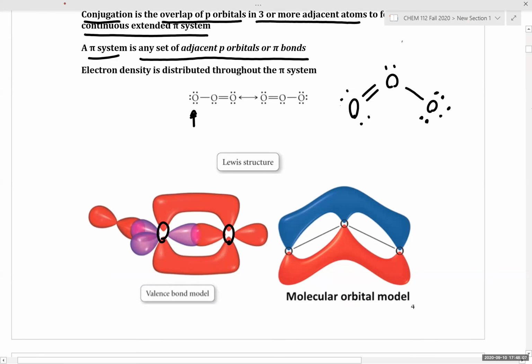The reason why I spent so much time focusing on where our electrons are, and what orbitals electrons are found in, is because it becomes really critical when we start to discuss resonance to figure out which lone pairs are localized and which lone pairs are delocalized. So we have our pi bond.